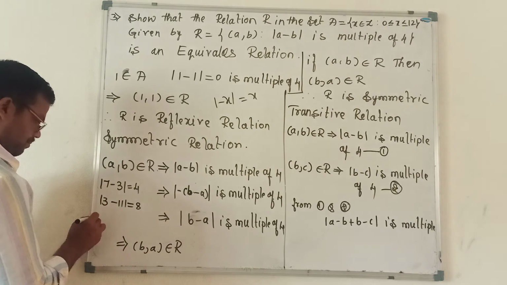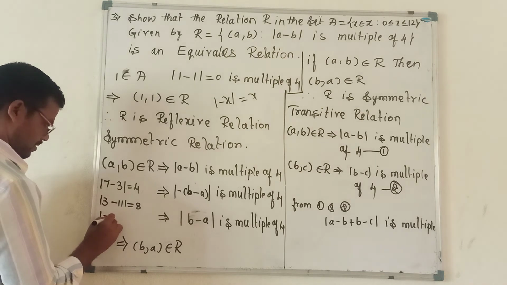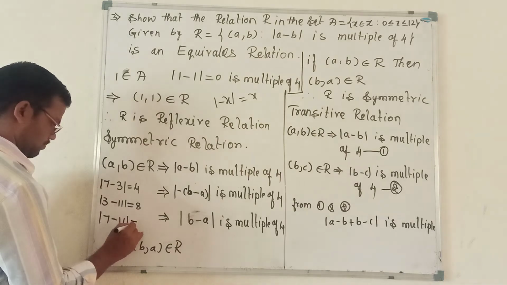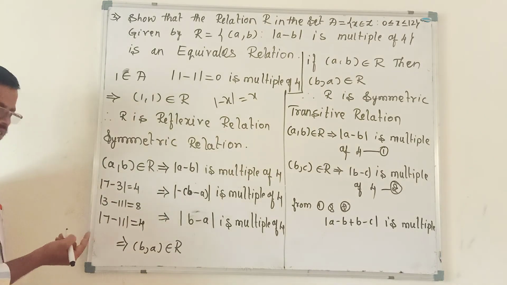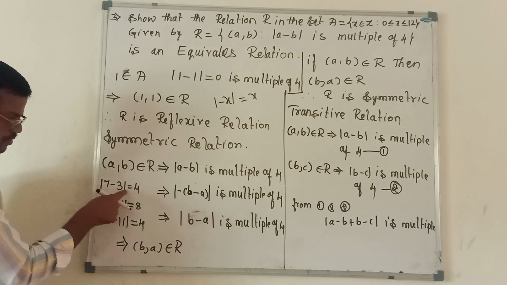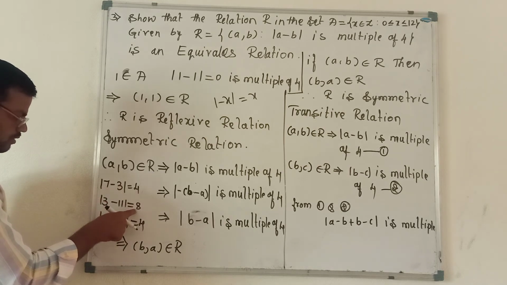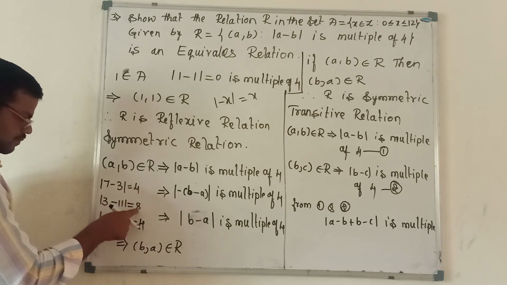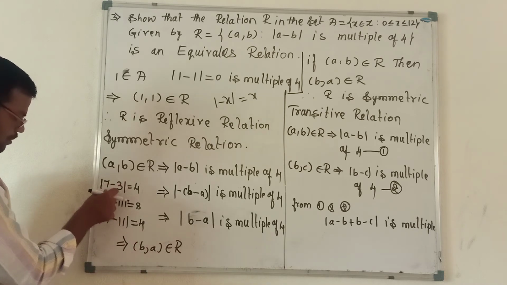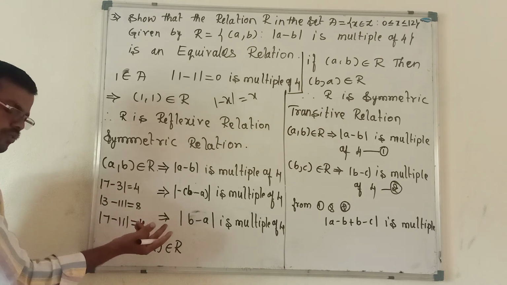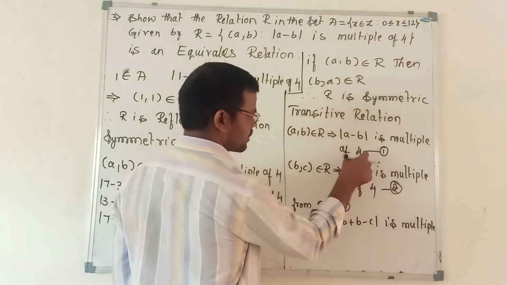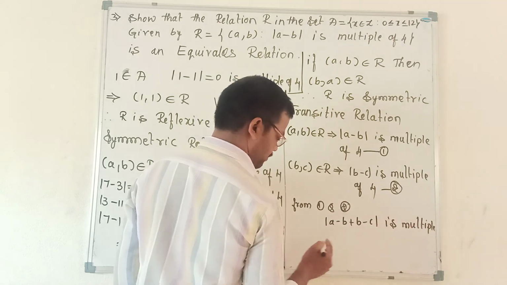If we add these numbers, that is 7 minus 11, which is 4, and 4 is a multiple of 4. So the sum of these: 4 plus 8 is 12, and 12 is a multiple of 4. Similarly, here we have cleared that the sum of these numbers is a multiple of 4.